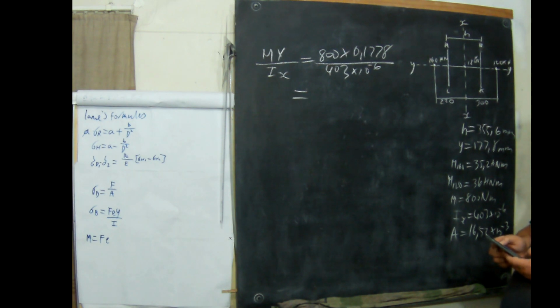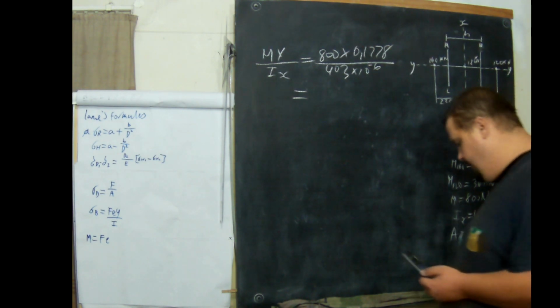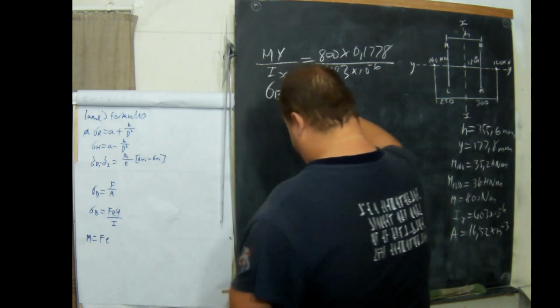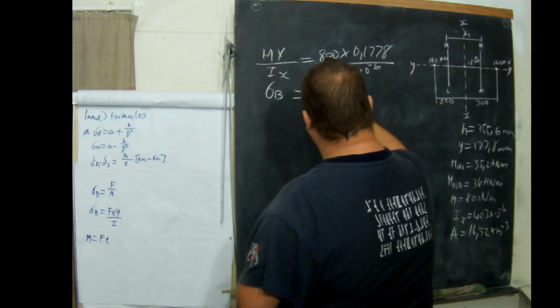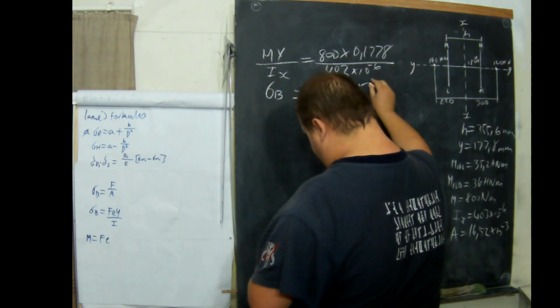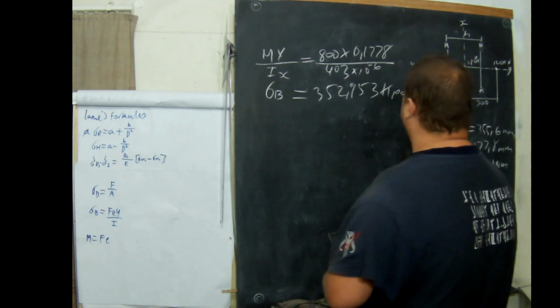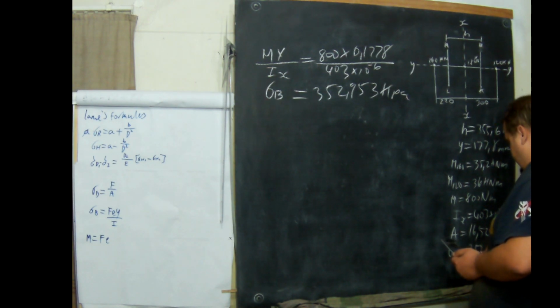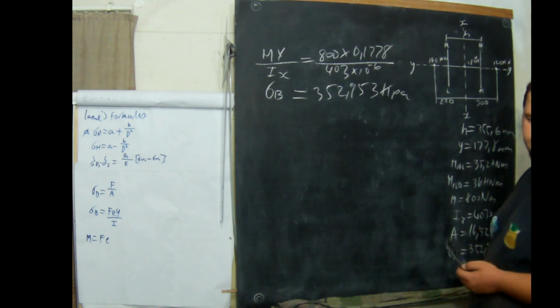So 800 times 0,1778 over 403 times 10 to the minus 6. Our B is 352,953 kPa.